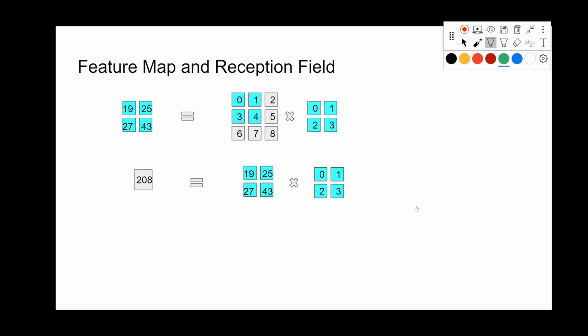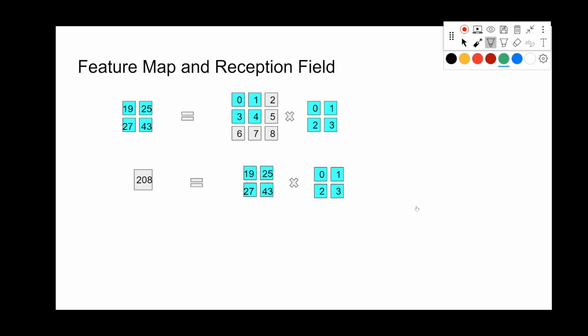Okay, so since the convolution only uses nearby pixels, for an output map produced by a 2 by 2 filter, every pixel in the output map depends on only 4 pixels in the input map.